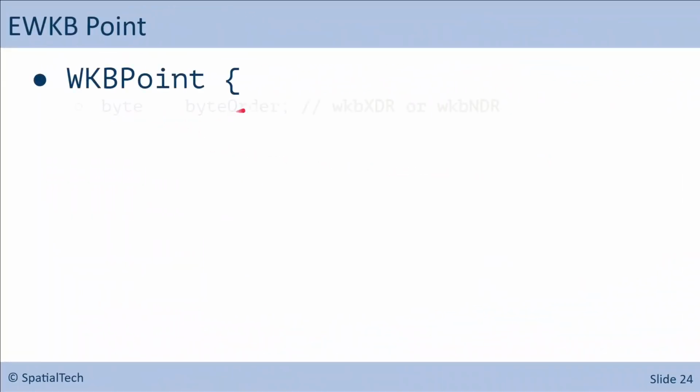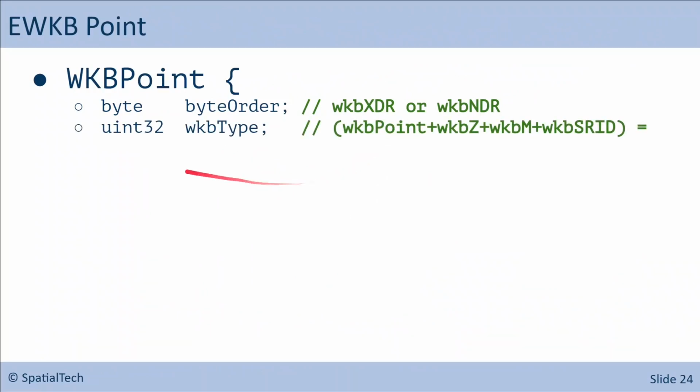So in a well-known binary point, we have the byte order, that's good. And then instead of getting a number in, say, the 1 to 30 range, we get a different number. There's a coding table to say, are you a well-known binary point? Maybe you're a well-known binary with a Z, with measures, and maybe you have an SRID. So that number triggers us to say, oh, there's possibly an SRID in here, and maybe my data doesn't start right away.